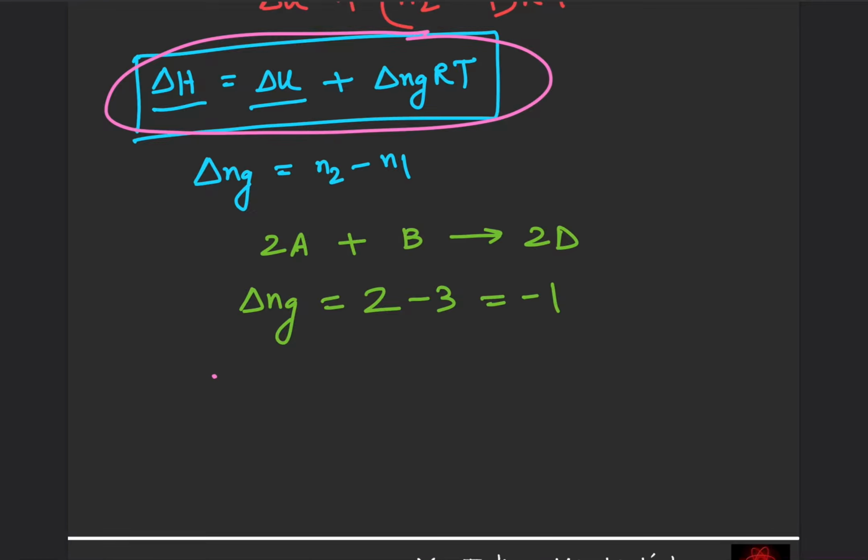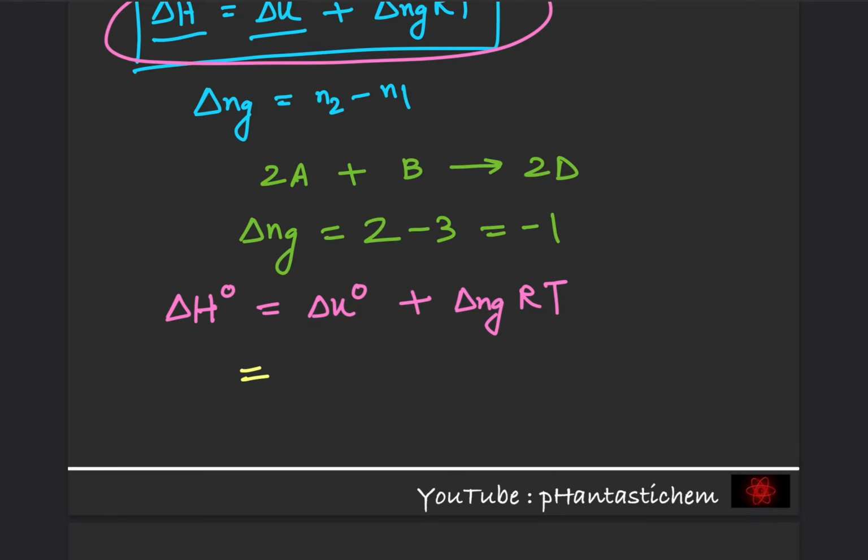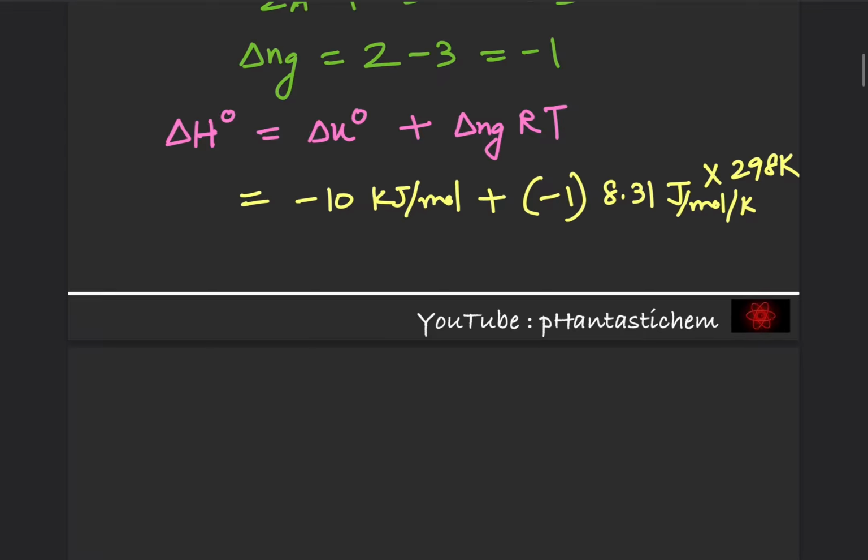Now we can use this equation. During standard conditions we can write this as delta H naught equals delta U naught plus delta Ng RT. Delta H naught we don't know. Delta U naught is given to us, which is minus 10 kilojoules per mole. Be careful. Delta Ng is minus 1, and R they have asked us to take as 8.31 joules per mole per Kelvin, and temperature is 298 Kelvin. So we need to convert this into joules because everything else is in joules.